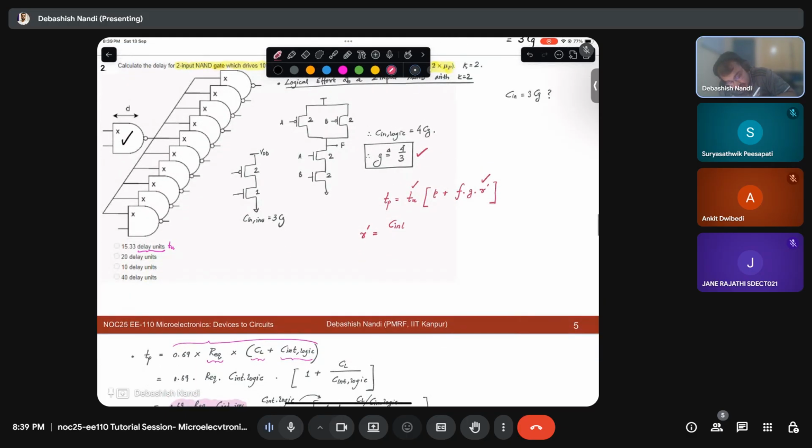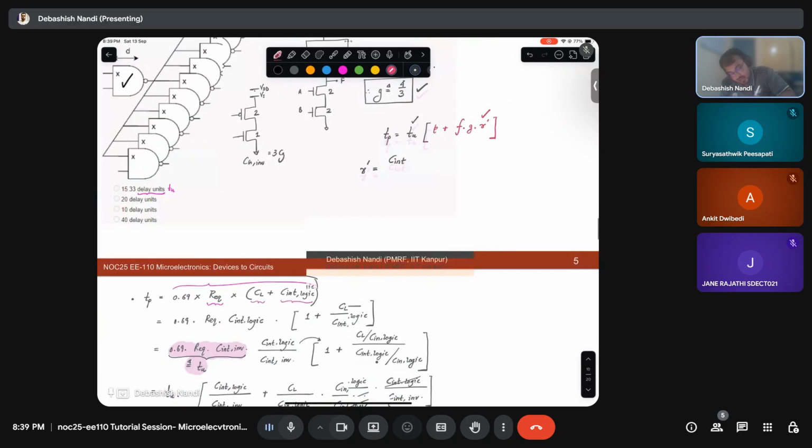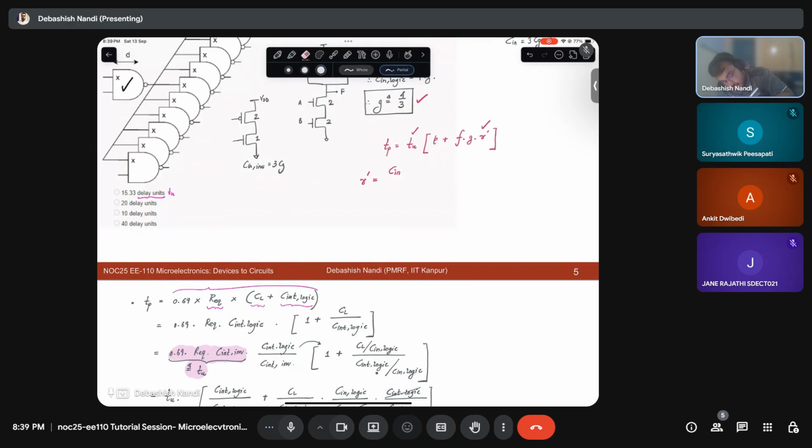C internal of inverter divided by C in of inverter. In most cases, in today's technologies, your gamma dash is 1.